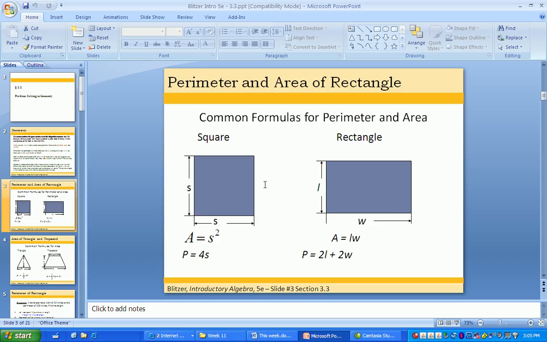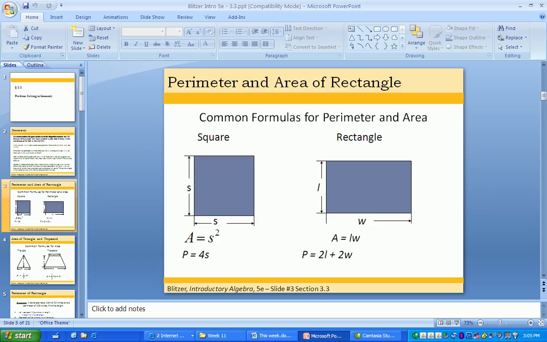The area of a square is just S times S, or simply S squared. The perimeter is going to be the length around. It's a one-dimensional unit. If I was to get string and tie it around here, how long would that piece of string have to be? So we know that string is just one-dimensional. It's a line, and the line around here is going to be 4S because we go 1S, 2S, 3S, 4S.